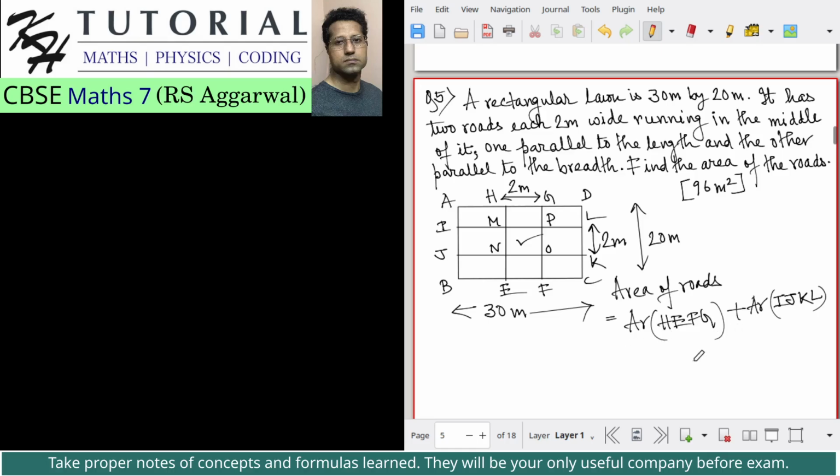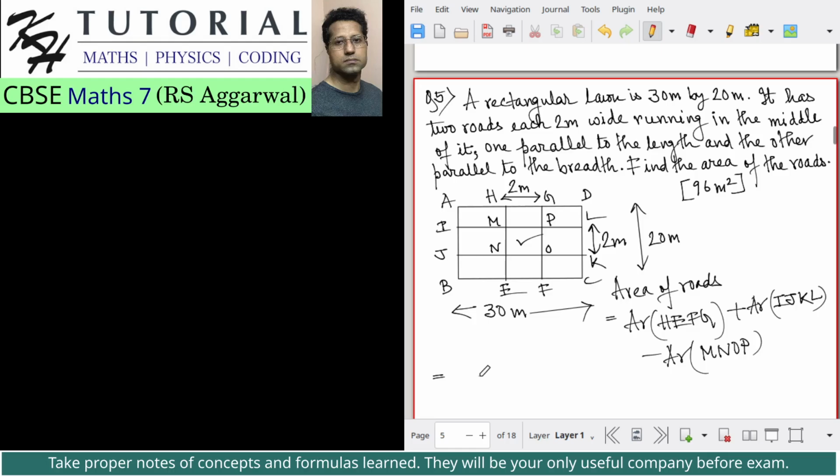So these are the two roads, HEFG and IJKL, but they are having a common rectangular region of MNOP that needs to be subtracted to find the actual area of the two roads. So the area of common rectangular region is MNOP. Okay.